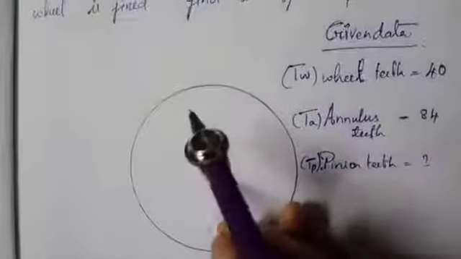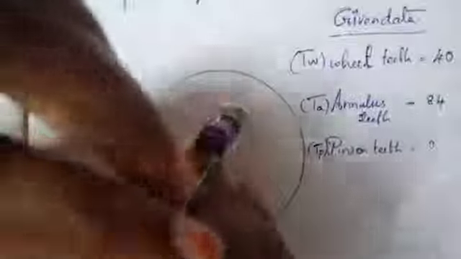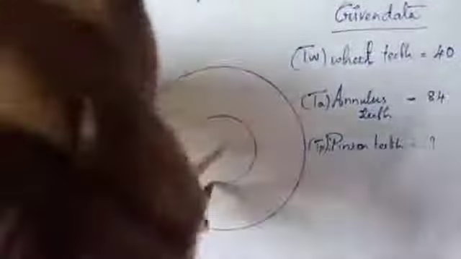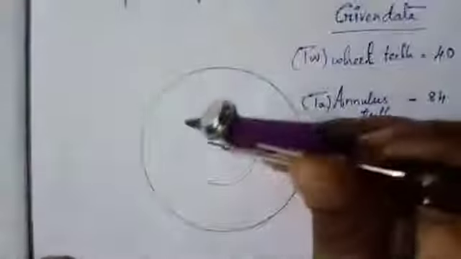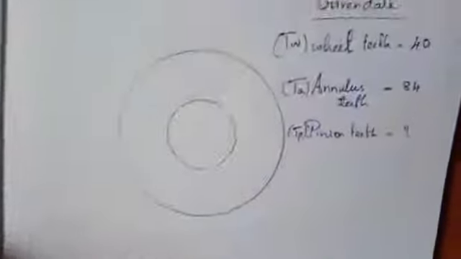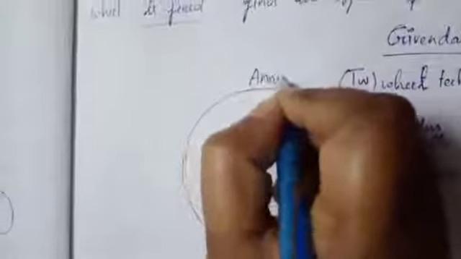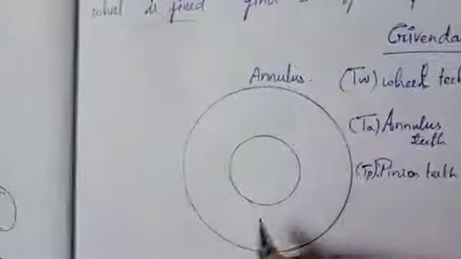Both have the same center, and you need to draw one more circle. This is called the wheel. This wheel is concentric with the internal gear. So this is your annulus, and this is the annulus and wheel.